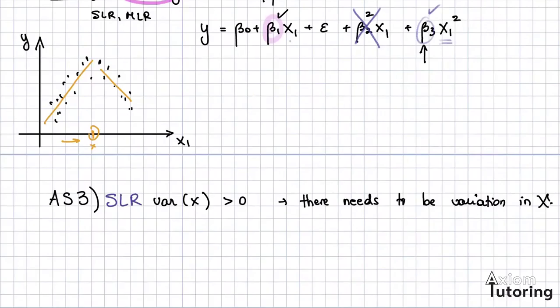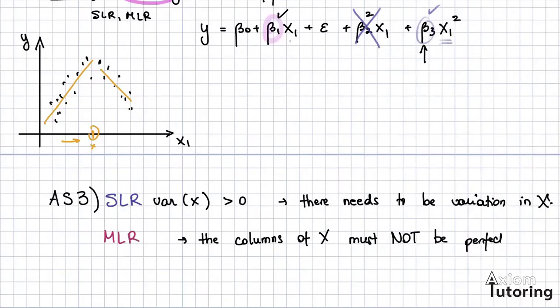The equivalent of this assumption for multiple regression cases is instead going to sound as either, this is for those working in matrix form, that the columns of X must not be perfectly correlated, okay?